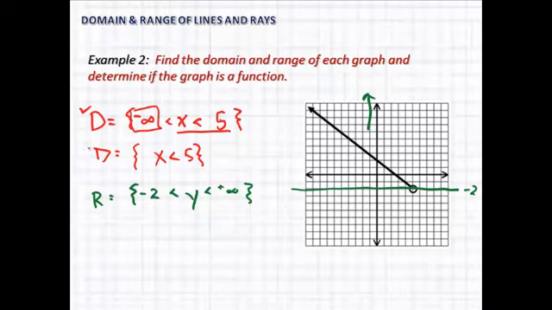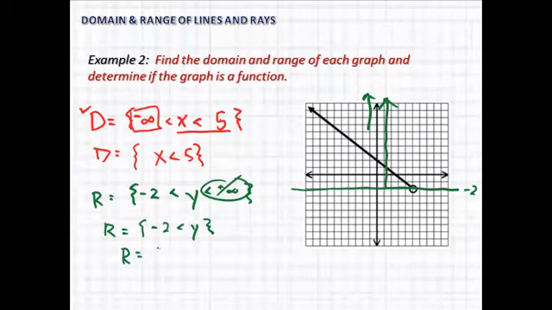Alright, now again, like we did with the domain, when we have that positive infinity part, we can just kind of let that go and say -2 is less than y. But we typically like to write the y part first if I just have one simple inequality. So if I notice, all of my y values are above -2 or greater than -2.